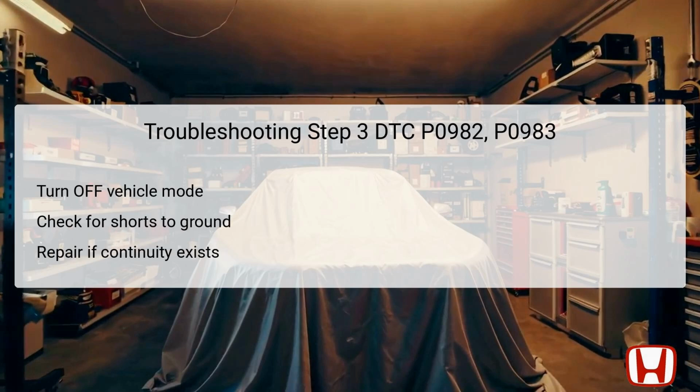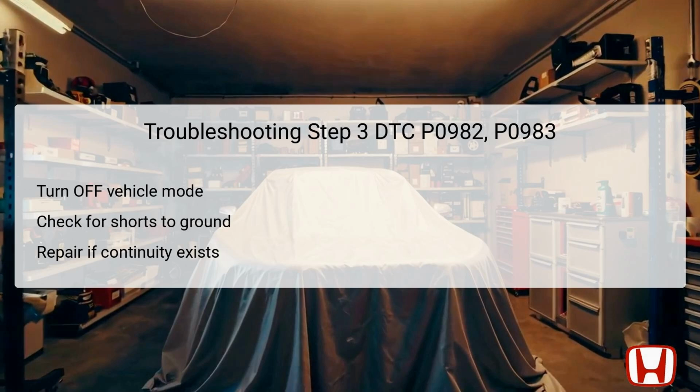The third troubleshooting step focuses on identifying any shorts to ground within the wiring for the Shift Solenoid Valve D. With the vehicle still in the off lock mode and the TCM connectors disconnected, you'll need to conduct a continuity test from the designated terminals to the vehicle's body ground.